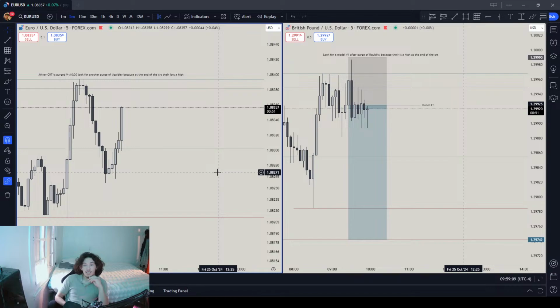If you could hold that sharp move to the upside, if you could hold it, it could be great. If not, then gotta deal with it.